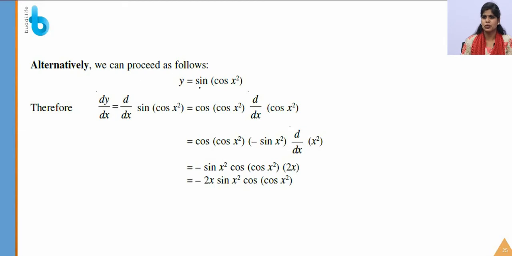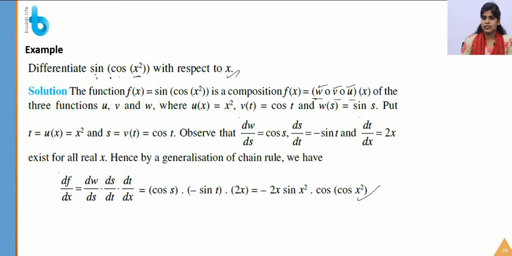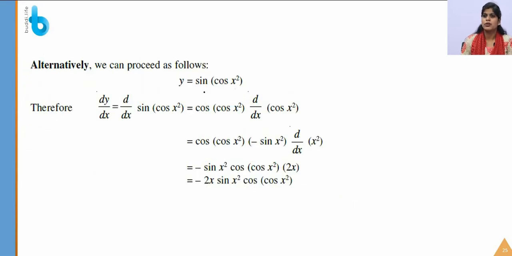See, y equals sine of cos of x square, that is the given function, just take it as y. Now directly find the derivative, that is, find the derivatives one by one. dy by dx is d by dx of sine of cos of x square. The derivative of sine theta is cos theta.